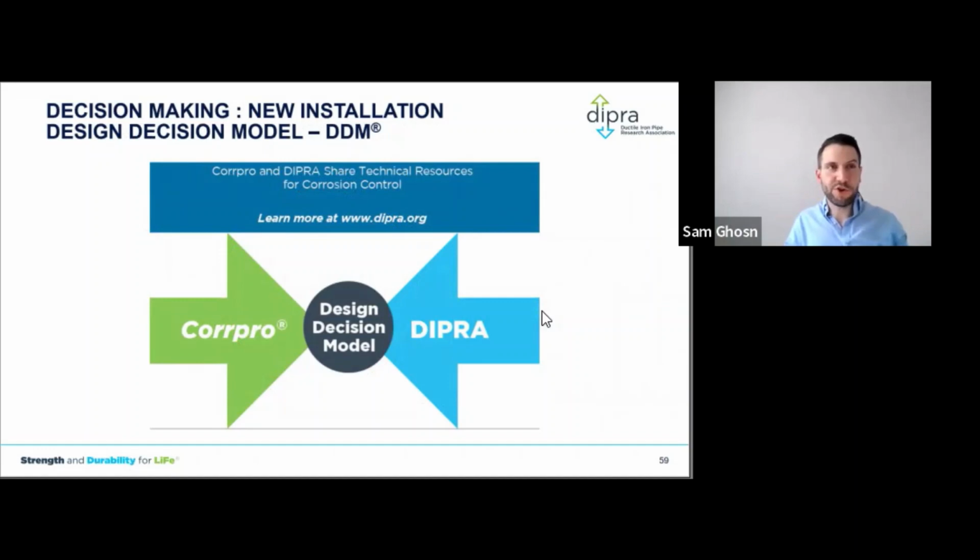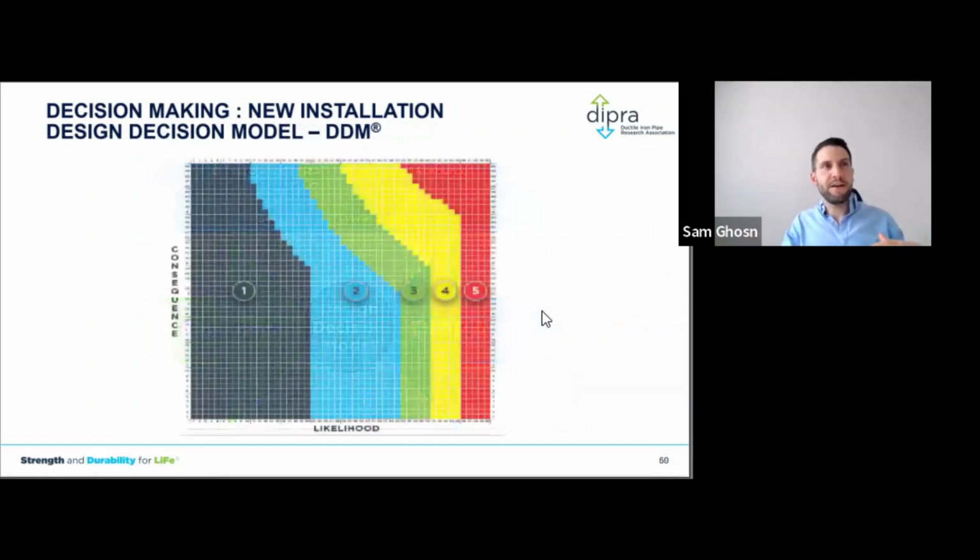CorPro is a leader in corrosion control across North America. So we worked together on designing the likelihood and consequence matrix. What we're trying to achieve here is to select a proper corrosion control method for a certain project based on the likelihood of corrosion and the risk of a failure of that pipeline.